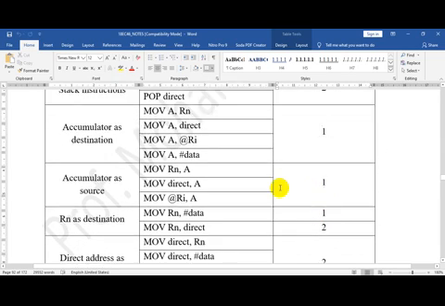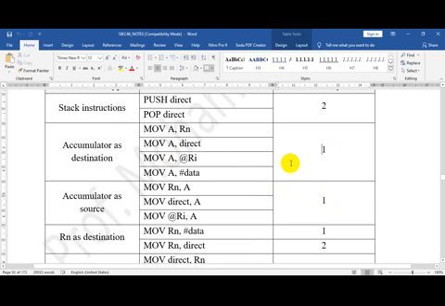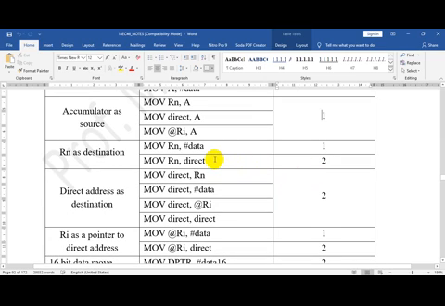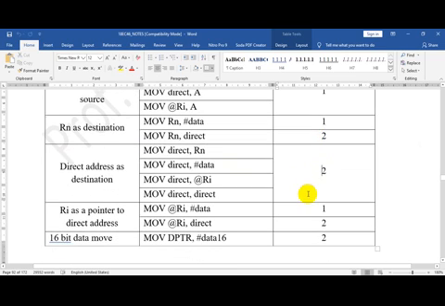Now coming to the data transfer instructions. In the data move instruction, when the accumulator is the destination, it takes 1 machine cycle, and when the accumulator is the source, it also takes 1 machine cycle. But when a register is the destination and you do MOV Rn, memory, it takes 2 machine cycles.